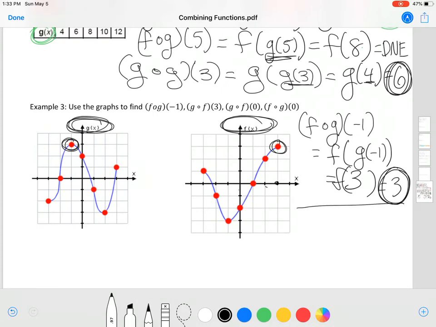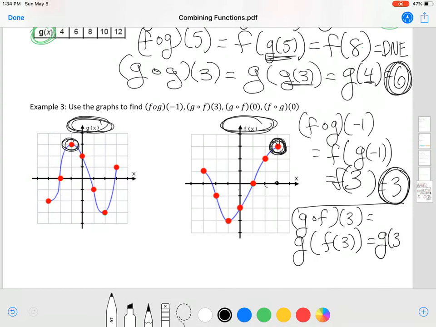So now let's look at g of f of 3. So I've got to find f of 3 first and then plug that into g. Well, f means I'm going to look at my graph on the right. And at 3, that's this point here, my value for f is 3.